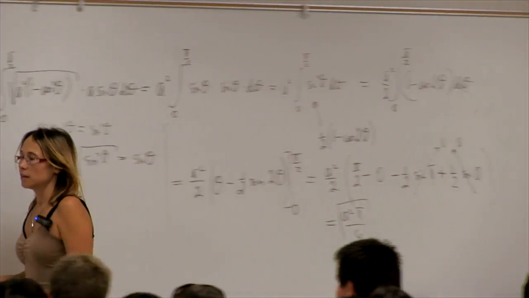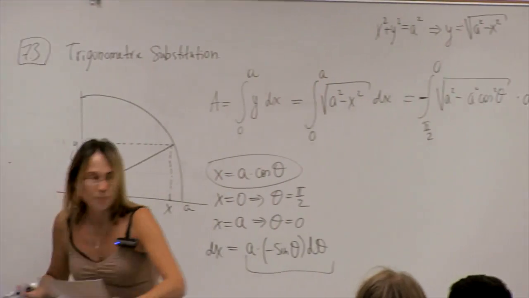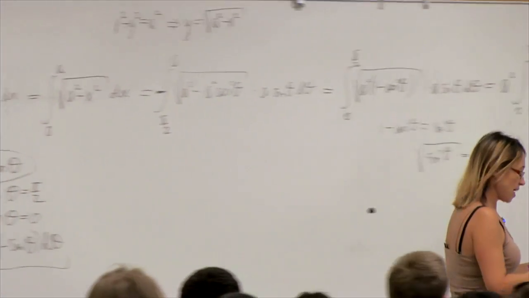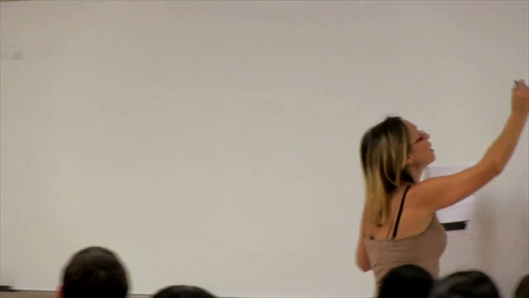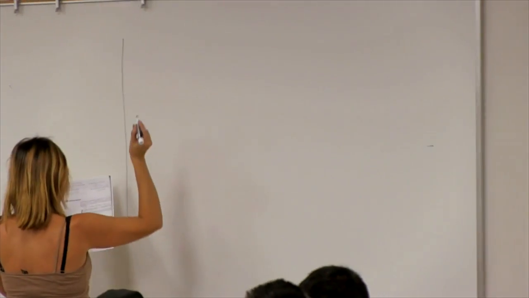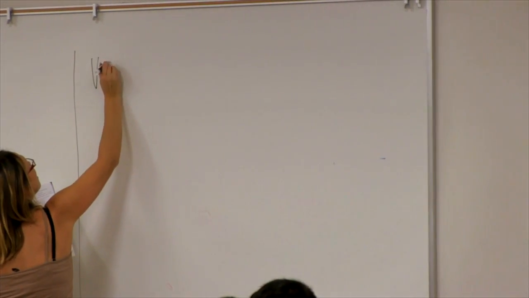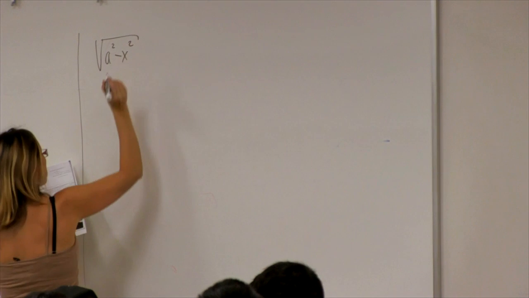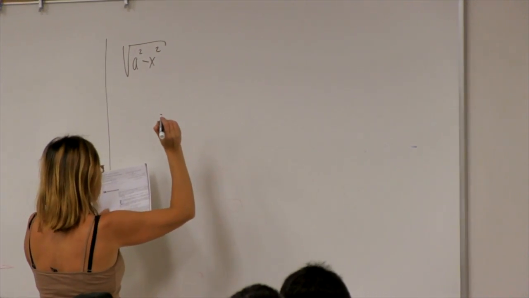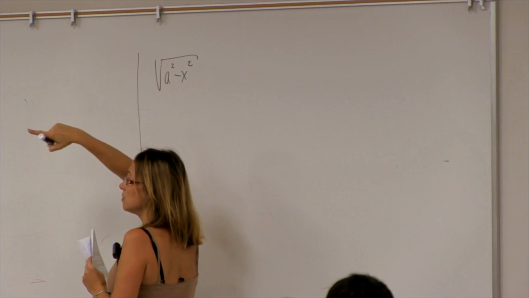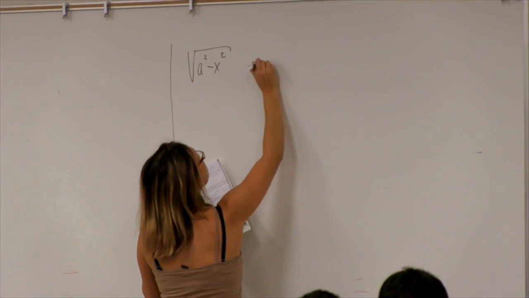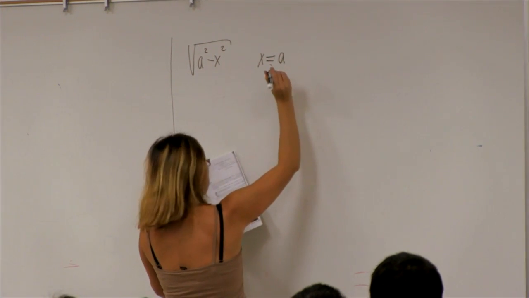Let me just grab the notes. Over here, I'll start a table that gives us a recipe. Okay, when we see a certain pattern, we use a substitution. So here, in this case, I can use cosine or sine. So the book suggests to use the sine. It doesn't matter.